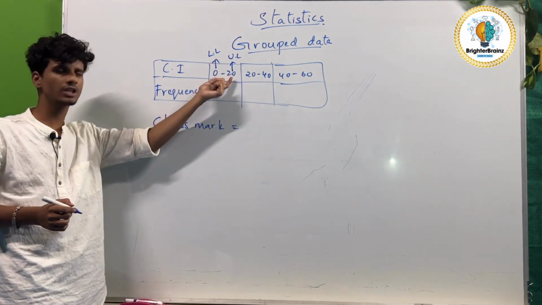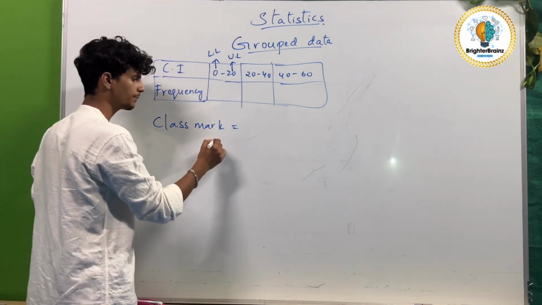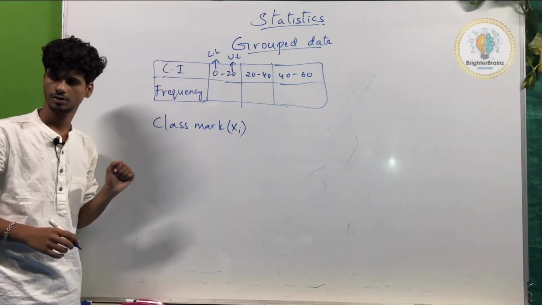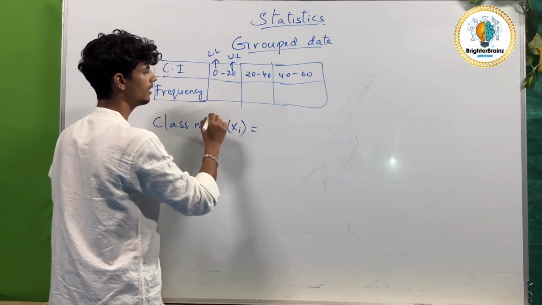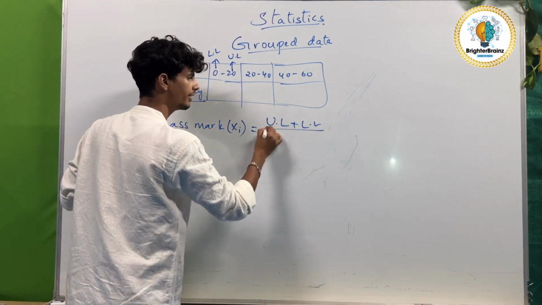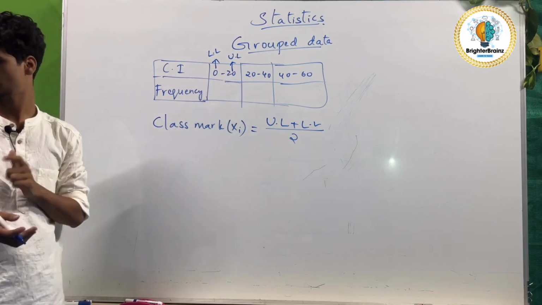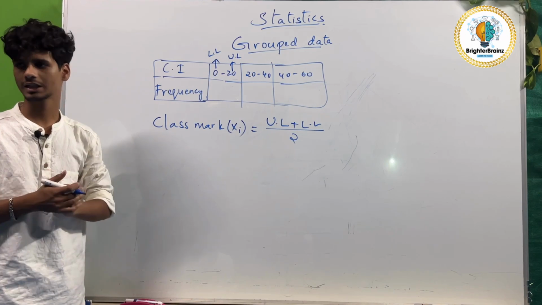If you want the class mark of this class interval, it is represented by the symbol xi. So xi is equal to upper limit plus lower limit divided by 2. It is nothing but the average of the upper limit and lower limit.